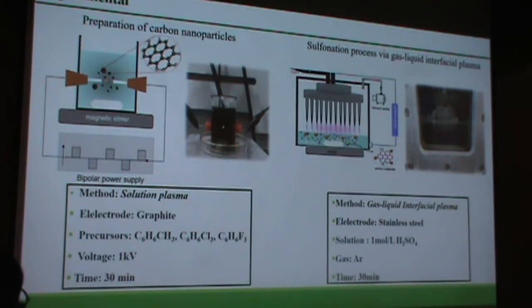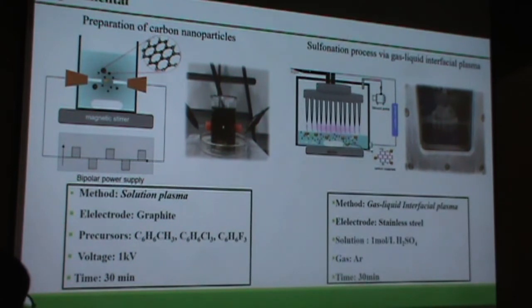And after the carbon support synthesis, we use the gas-liquid interfacial plasma for sulfonation to add the sulfonic acid group on the carbon support. It is noted that this sulfonation process is performed in dilute sulfuric acid solution.